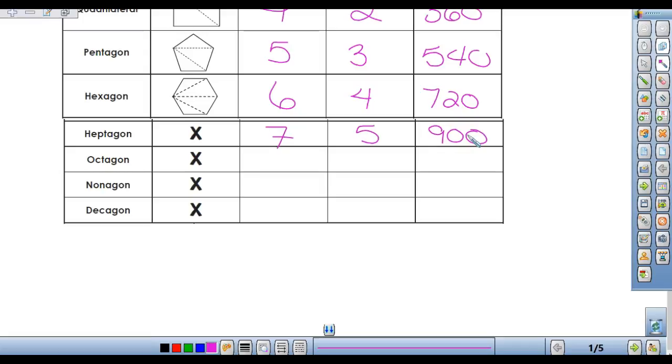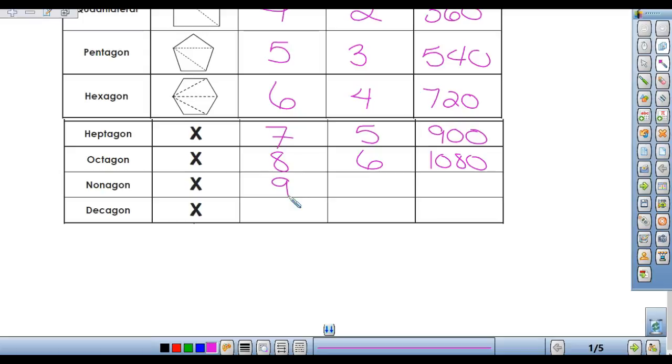Octagon has 8 sides. How many triangles? 6, and yep, 1080. Nonagon. 9 sides.